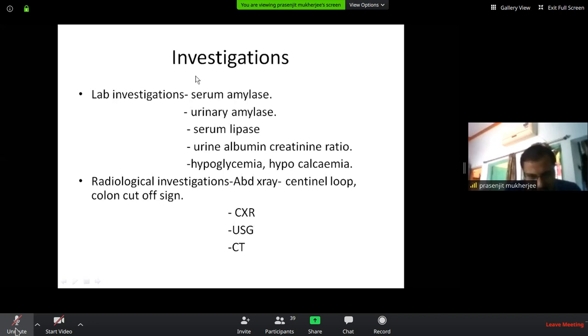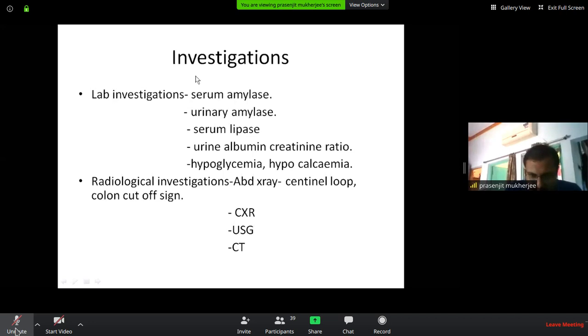But usually, whenever we find pancreatic necrosis, we start antibiotics as if it will develop infected pancreatic necrosis in the near future. So we start antibiotics. We don't wait for this necrosis to become infected.